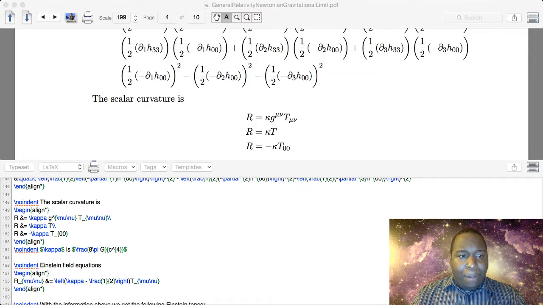So let's actually go back. How do I define that? That looks right. I'm quickly looking at how I define the scalar curvature in terms of the stress energy tensor, and I think that's good.